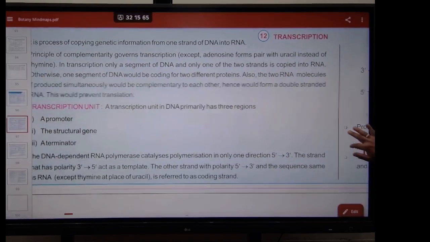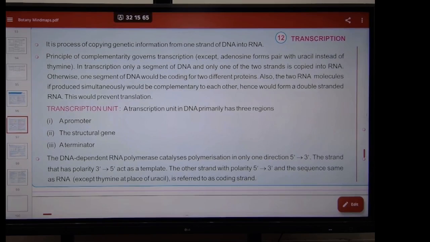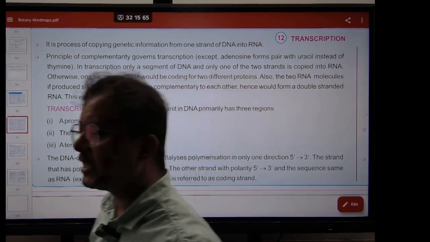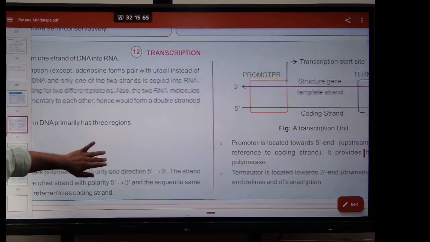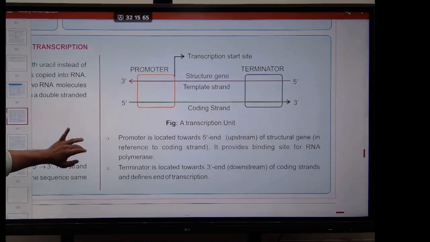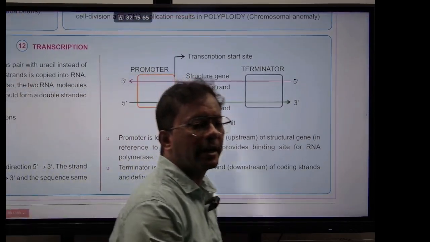What is the second step? It's transcription. So, what is meant by transcription? The transfer of information from the DNA into the RNA. It is the process of copying genetic information from one strand of DNA into RNA, correct? You see here, this is the simple transcription unit on the DNA.